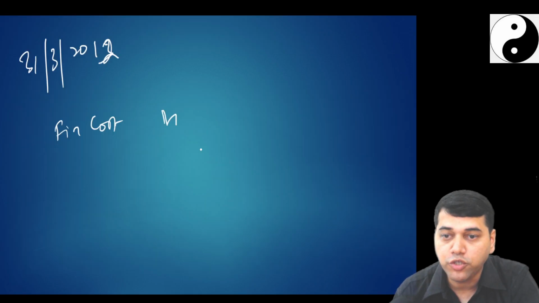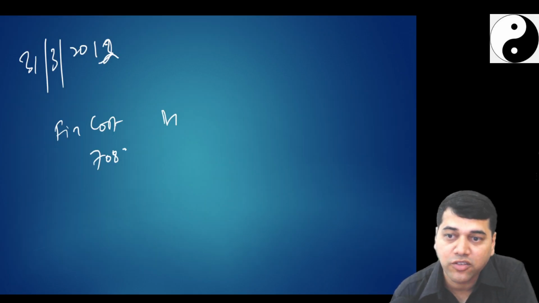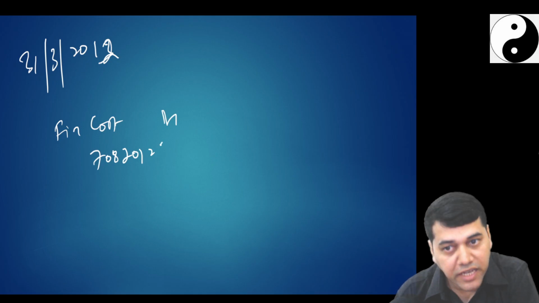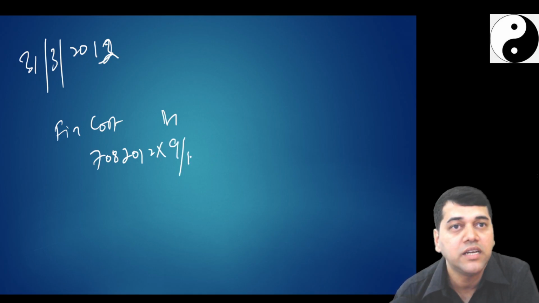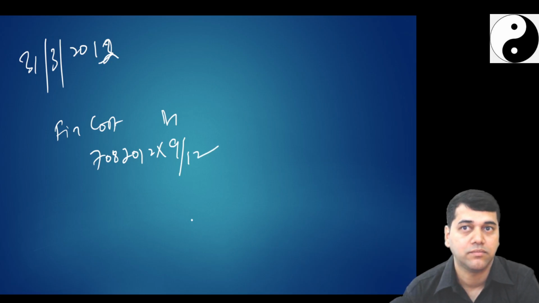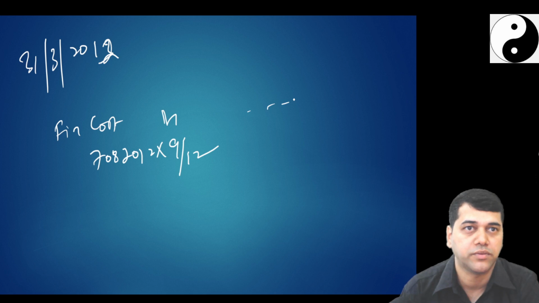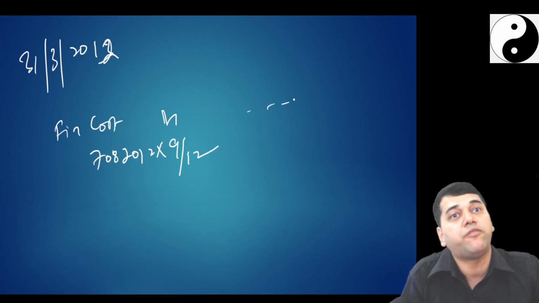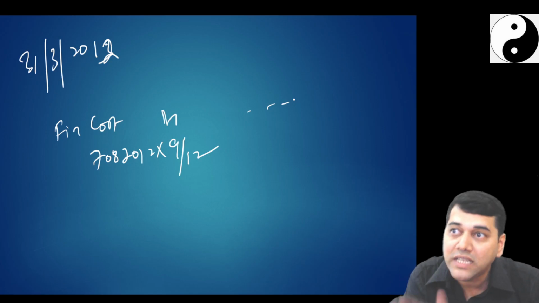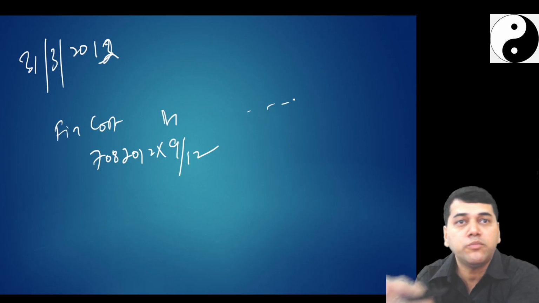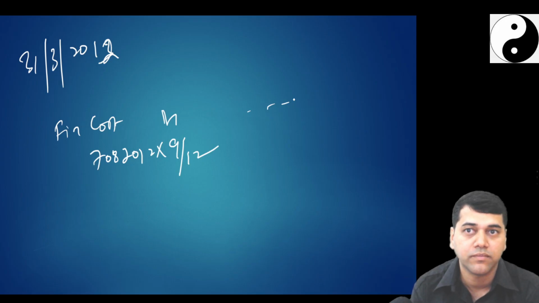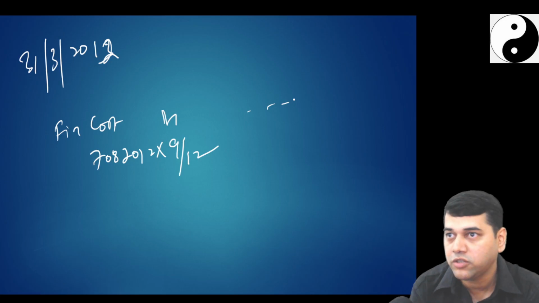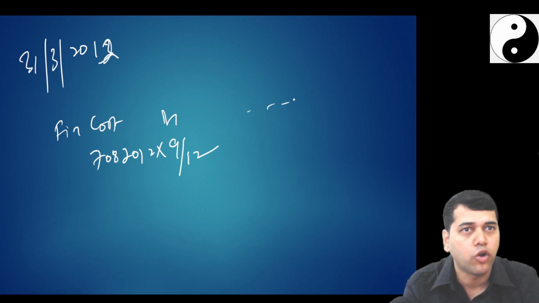So what you need to do is 7 lakh 8,077 into 9 by 12. Some amount comes, because this year this finance cost was not there with me for the entire year. It was only there for 9 months because I issued the instrument only on 1st July. Understood? Then things will go on.